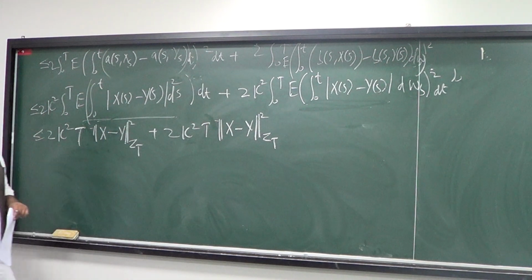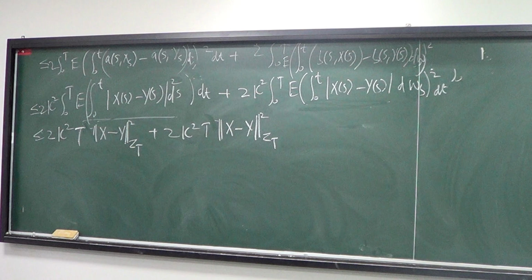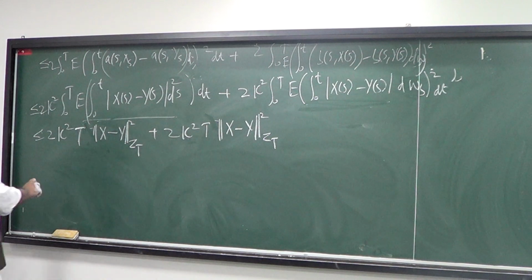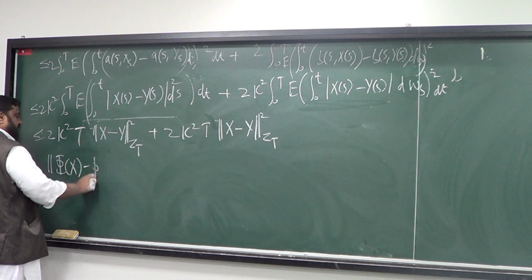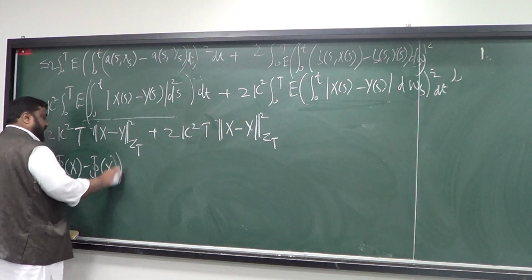So what did we get? The thing that we got is this: phi of x minus phi of y square.